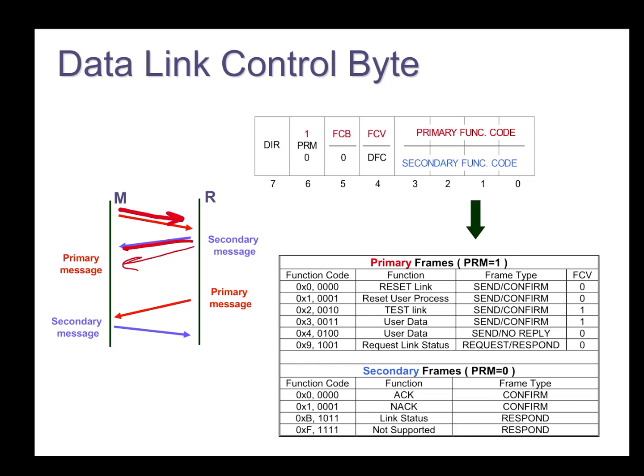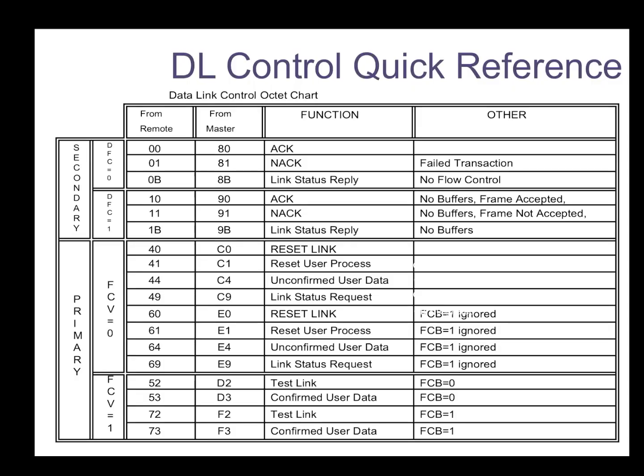In the second example, the initiating end was a remote. It sent out a primary message looking for confirmation at the data link layer, and what would come back is a secondary message from the master. This would be an example of an unsolicited message: a primary message goes out and wants confirmation from the master.